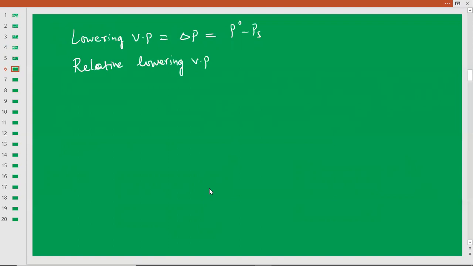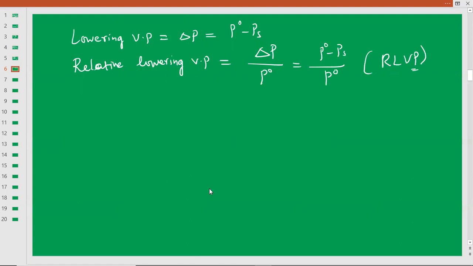Relative lowering of vapor pressure is equal to delta P by P naught. What is delta P? The lowering of vapor pressure, so it is P naught minus PS by P naught. This is called RLVP.